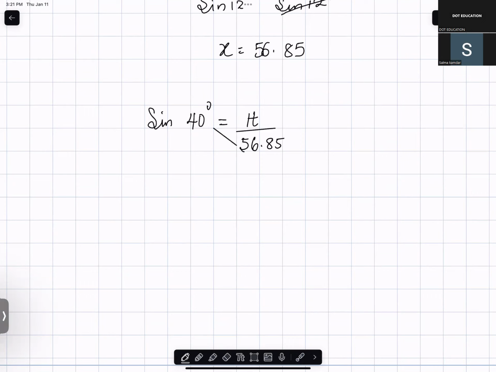So let's cross multiply. H will be 56.85 times sine 40 degrees. Therefore, the height of that to three significant figures is 36.5 meters.